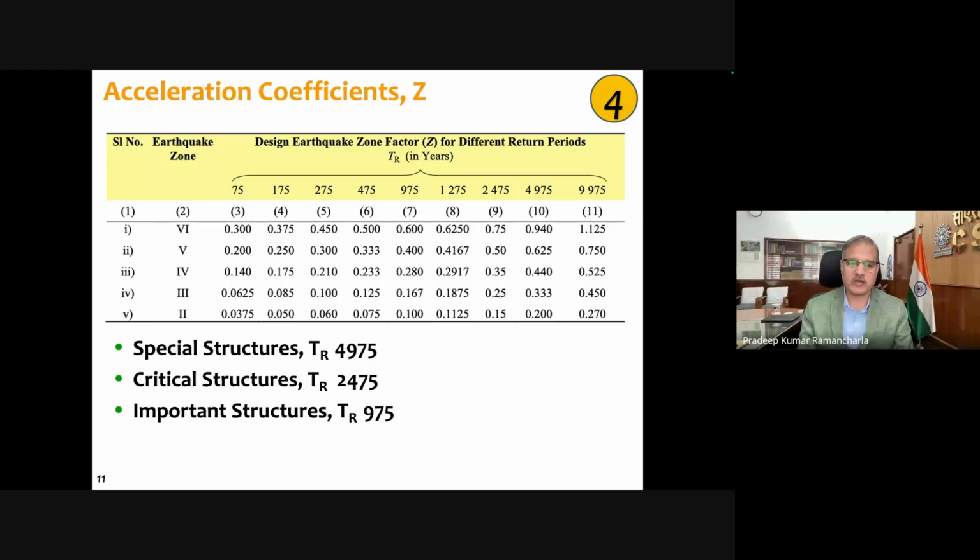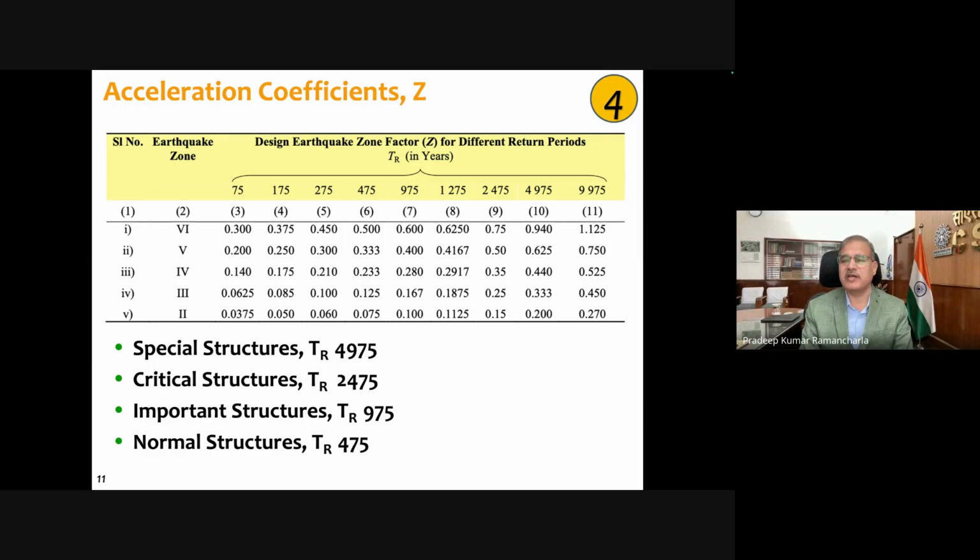As you can see here, normal structures are designed for a 475 years return period. Important structures are designed for a 975 years return period. Now you can see for a 975 years return period, say in zone 6, this factor is already taken into consideration, what we call the importance factor. For critical structures it is 2475 and for special structures 4975.